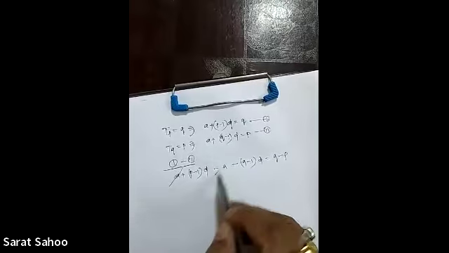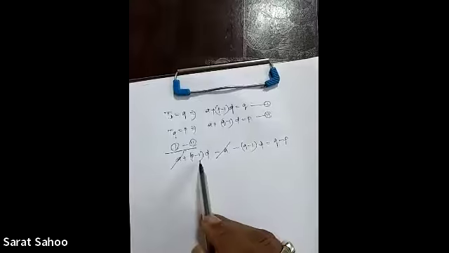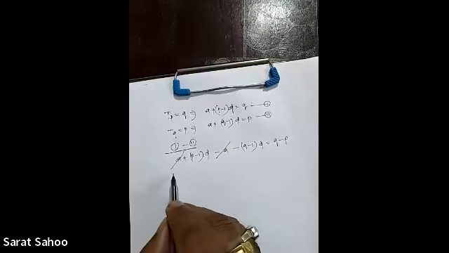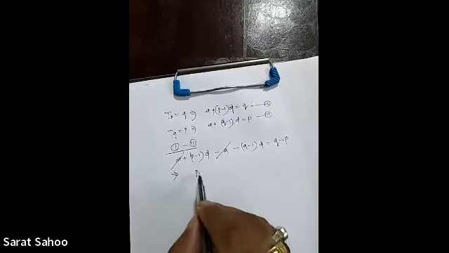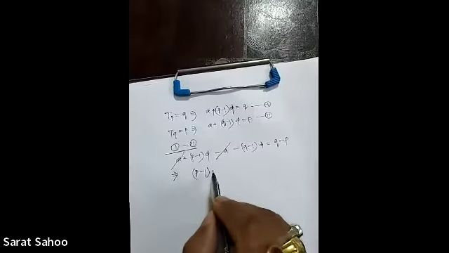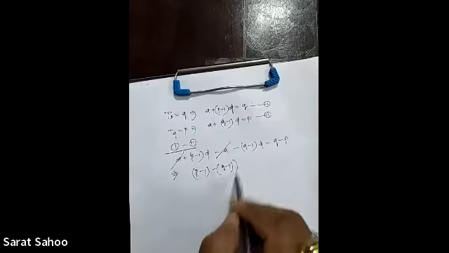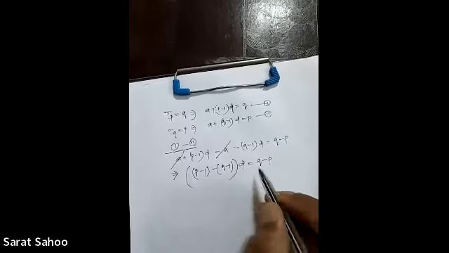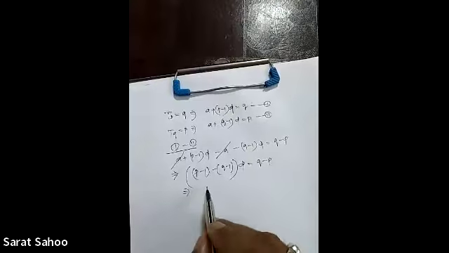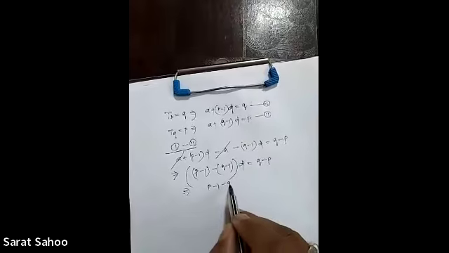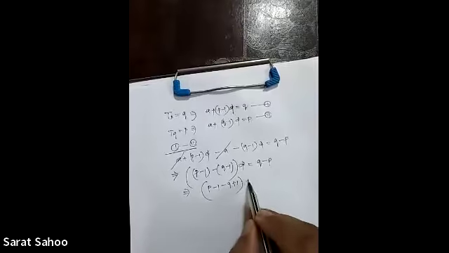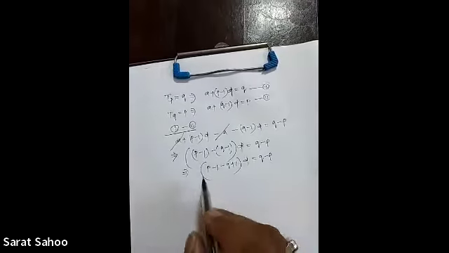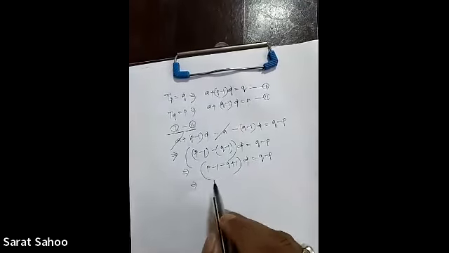So A minus A cancels. From these two terms, (P minus 1) into D minus (Q minus 1) into D, we can take D as common. So (P minus 1 minus Q plus 1) into D is equal to Q minus P. Plus 1 minus 1 cancels.